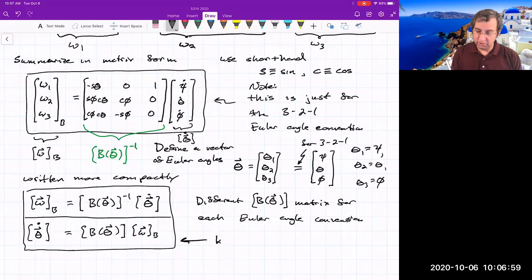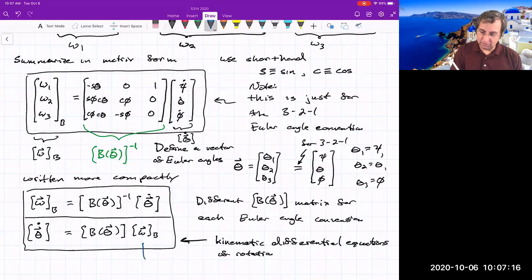So we'll call this the kinematic differential equations of rotation. Because you get omega from the dynamics, but if you want to then know what is my orientation, then you need to solve this kinematic ODE to get the rotation.